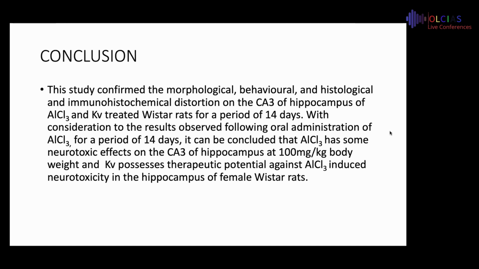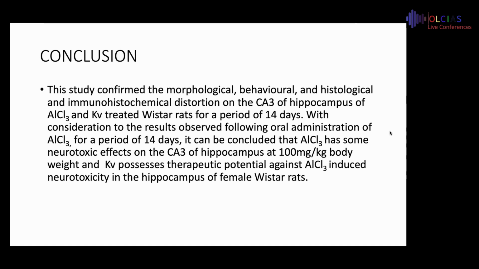Now, in conclusion, our study confirmed that Kolaviron has a sort of ameliorative effect on the aluminum chloride, due to what we have seen from the immunohistochemical and histological analysis.